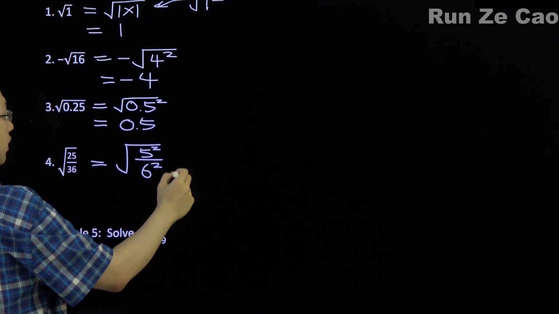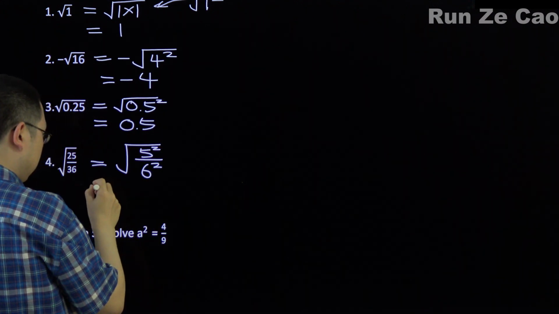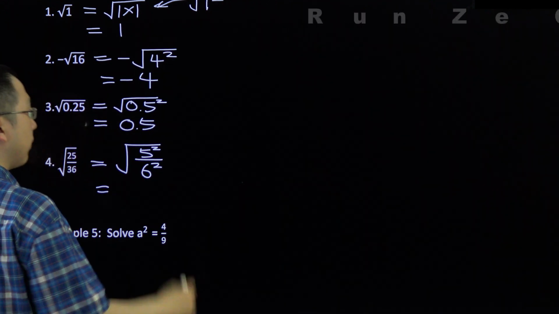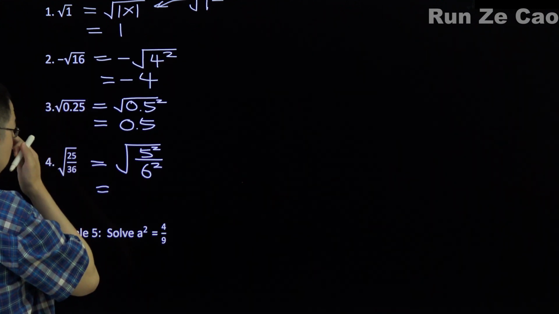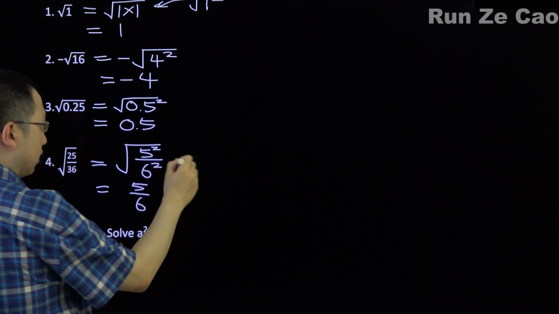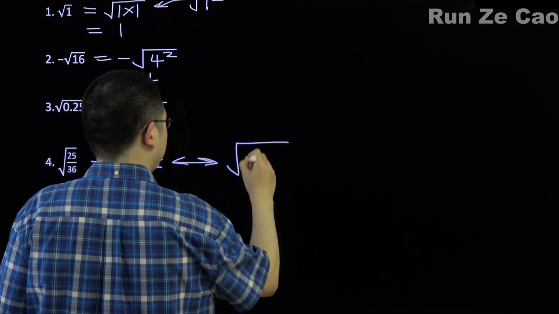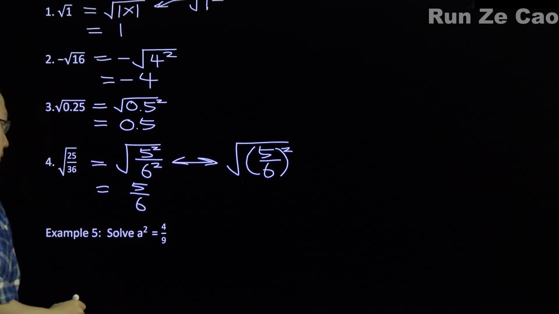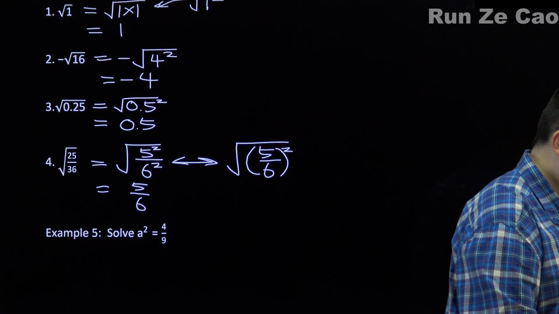Or you could put 5 over 6 in brackets squared. If you square root a fraction, you are square rooting both the top and the bottom. You're square rooting the whole thing. So you end up with 5 over 6. You could also write the root of 5 over 6 squared, and that equals 5 over 6.